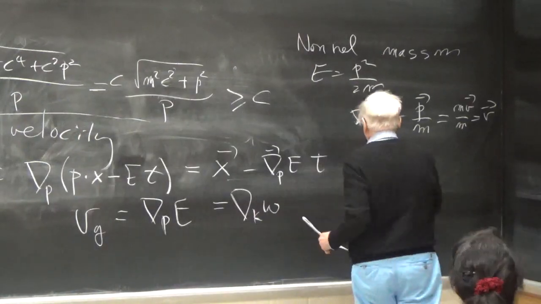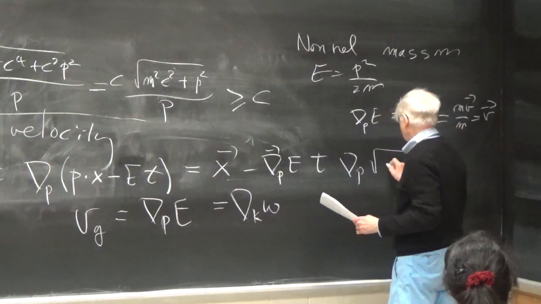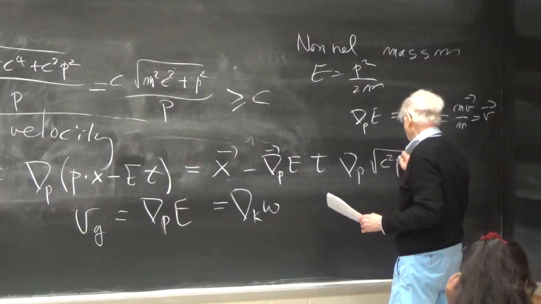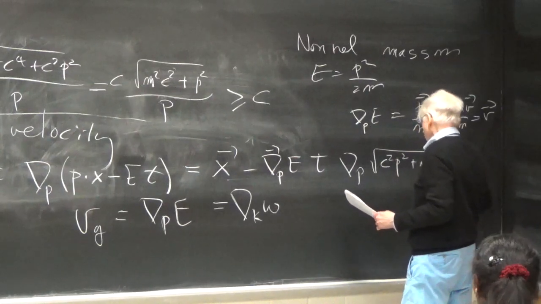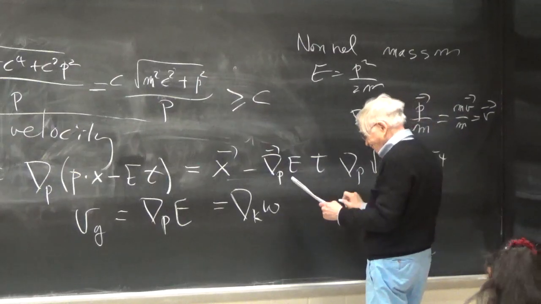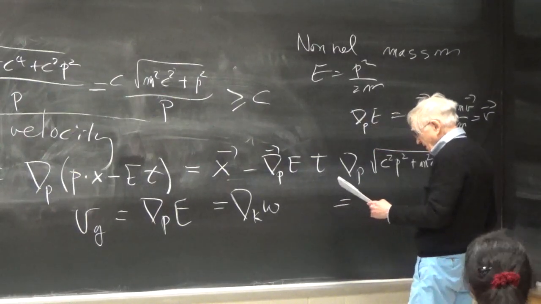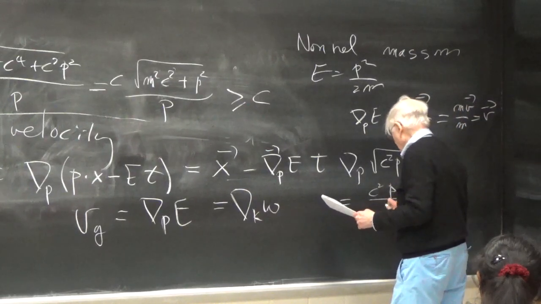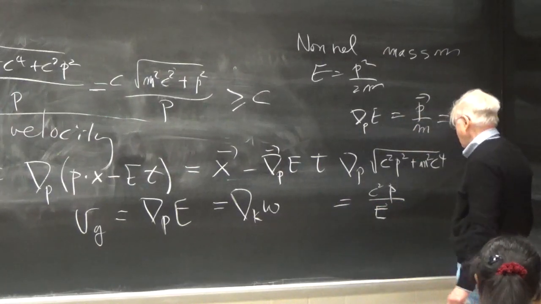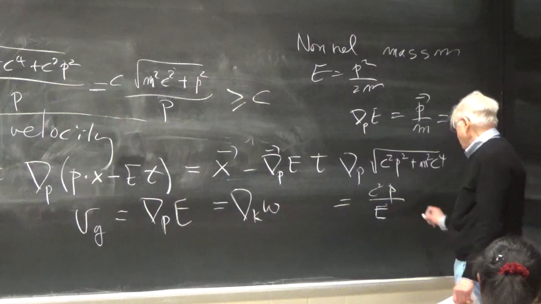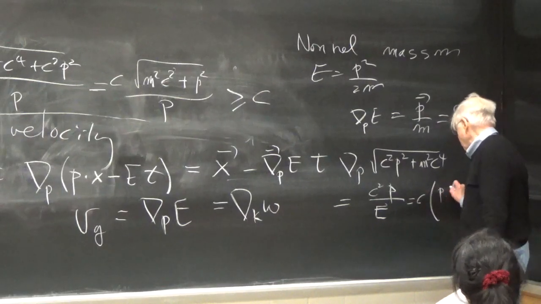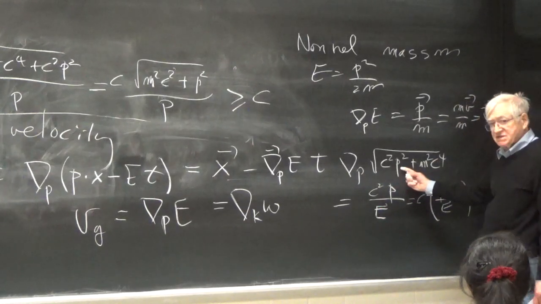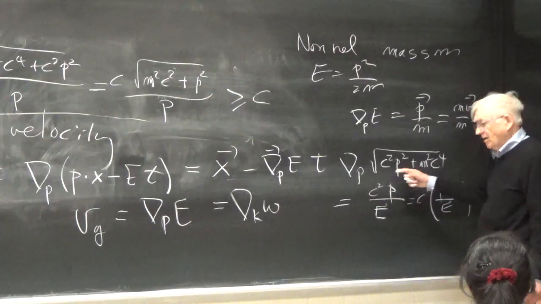So that's the group velocity. Relativistically, it's the p gradient of the square root of c squared p squared plus m squared c to the 4th, and that is a little bit different. In fact, it's c squared p over E. And that turns out to be c times pc over E. But you see, E is this, cp is just part of the square root.